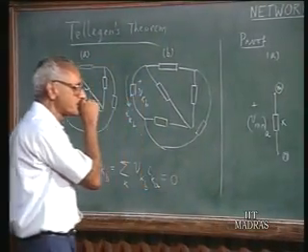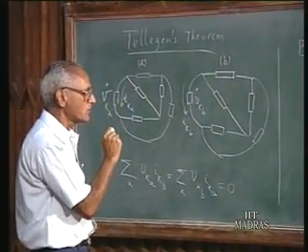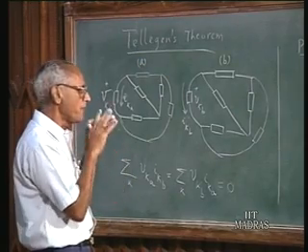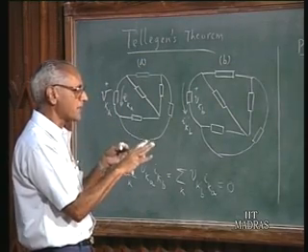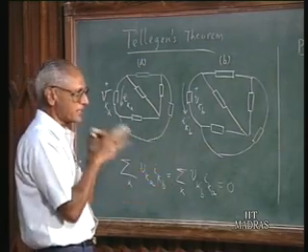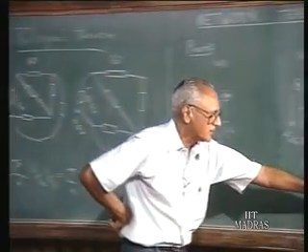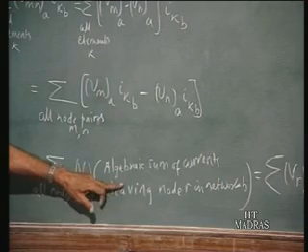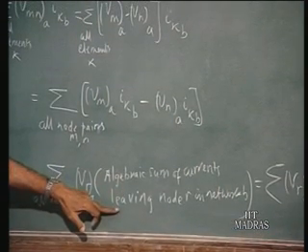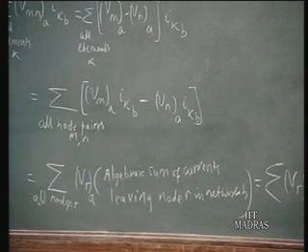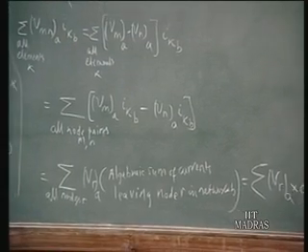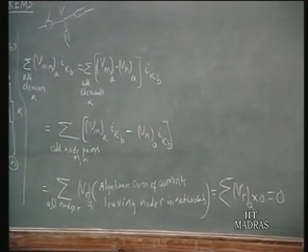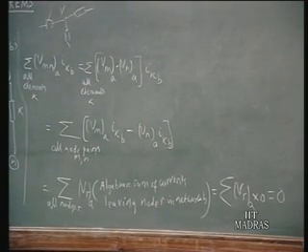In this, one thing we should note is, we have made use of Kirchhoff's current law and voltage law in deriving Tellegen's theorem. We have already made use of Kirchhoff's current law here. Unless this algebraic sum of currents leaving node R in the network B is 0, we can't get this result. We also made use of Kirchhoff's voltage law, whether we have recognized this or not.